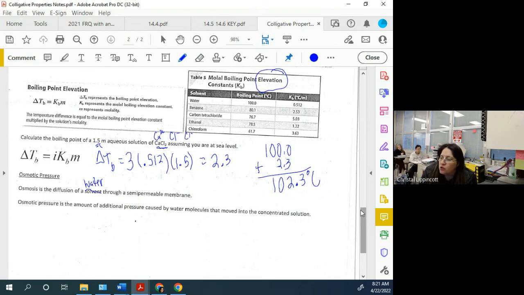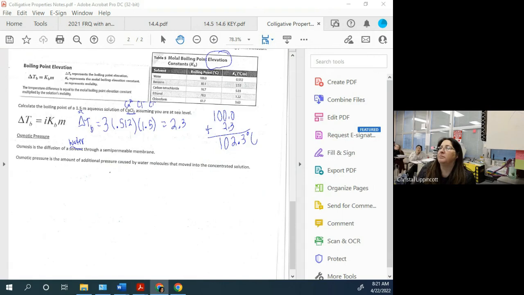If your solution is more concentrated, you're going to get more pressure because it's going to increase the amount of water that comes across that membrane. And that, folks, is chapter 14. Cool. Time to work.